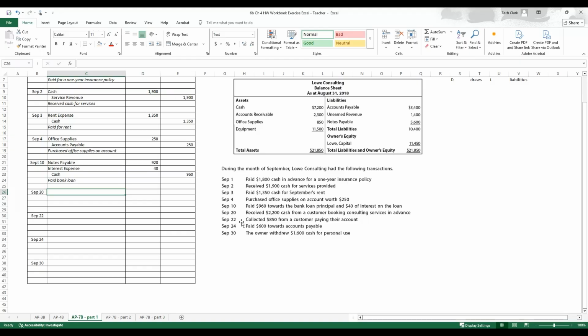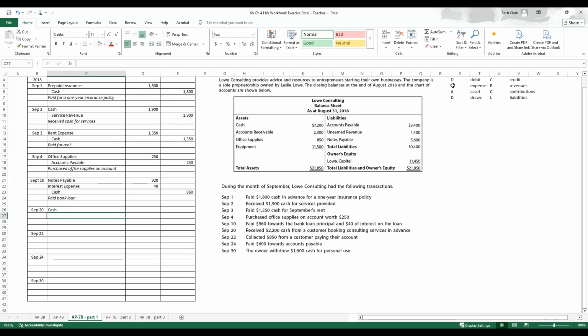All right, September 20th, we received $2,200 of cash for a customer booking consulting services in advance. So we know that cash increased. And cash is an asset, so it'll be our debit increase here. And then remember, this account that we're going to use when customers prepay for us is called unearned revenue.